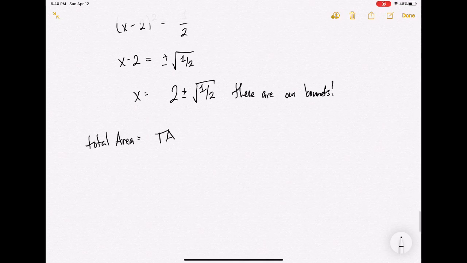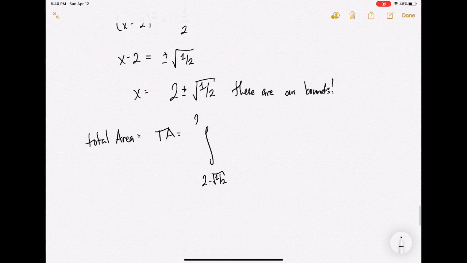Say TA is the integral from 2 minus the square root of 1/2 to 2 plus the square root of 1/2 of the top curve minus the bottom curve dx.